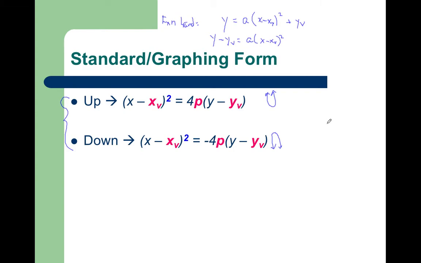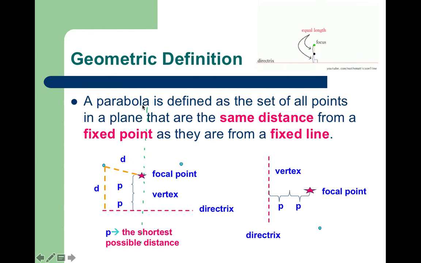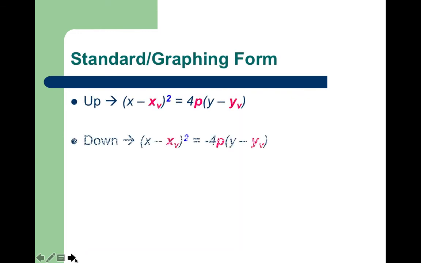Notice what is different over here from function land. Where's the squared group? The squared group is on the left side of the equation. Notice the squared group is on the right side of the equation.